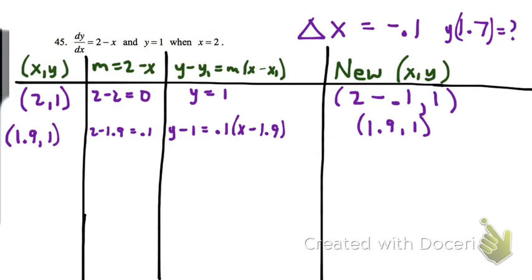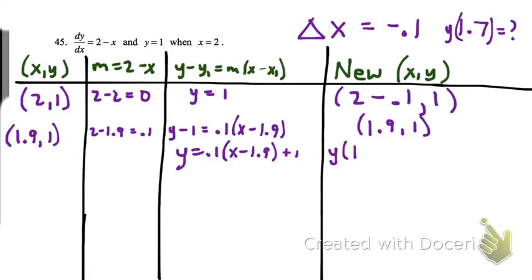So our y then is 0.1 times x minus 1.9, plus 1. Then our current y at our new x: we're going to drop 0.1, so 1.9 minus 0.1 is 1.8.